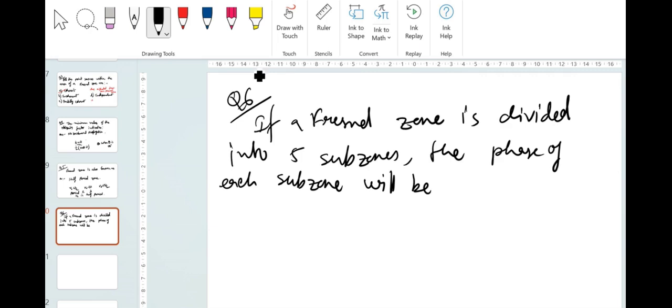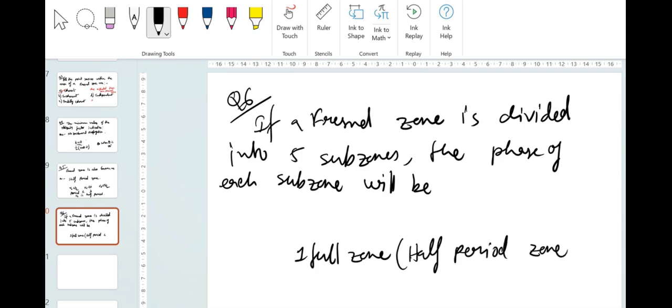One full zone, which is a half period zone, is pi. So pi by 5, because the zone is divided into 5 subzones. So the total would be 5 pi by 5.